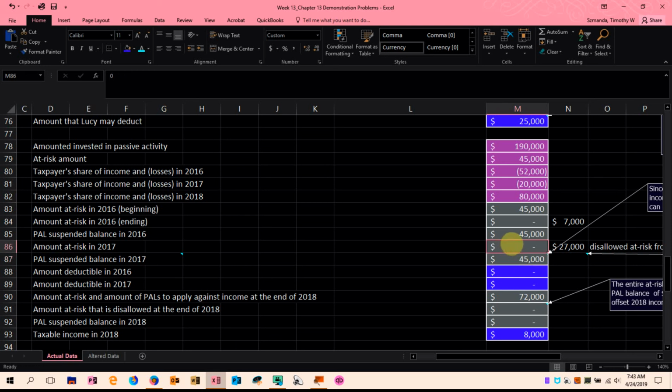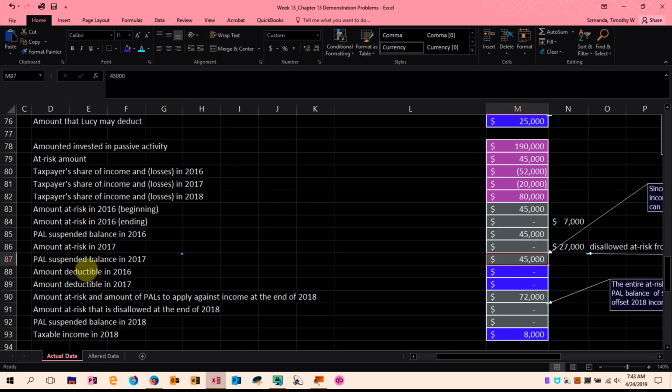Therefore, nothing made it through to the second test. Since nothing made it past the at-risk test in 2017, the previous passive activity loss rules just carry over and are not changed. So there we have the $45,000 passive activity suspended balance at the end of 2017.